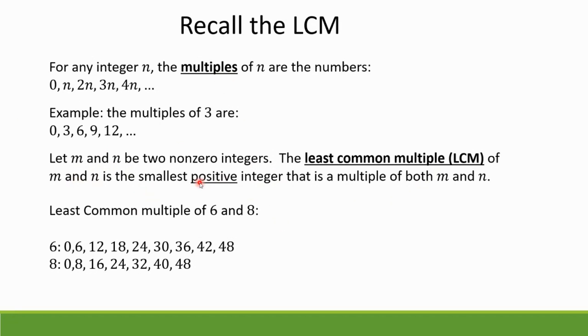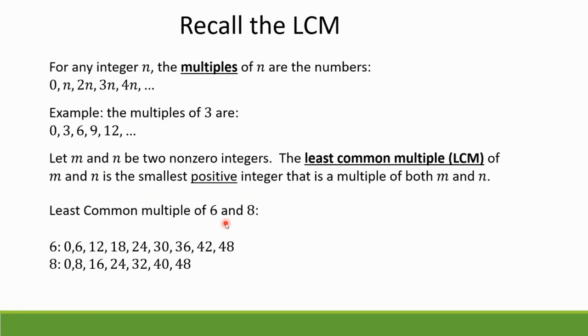It's the smallest positive integer that's a multiple of both m and n. Okay? It has to be positive, otherwise least would not make sense because there's no smallest negative number.